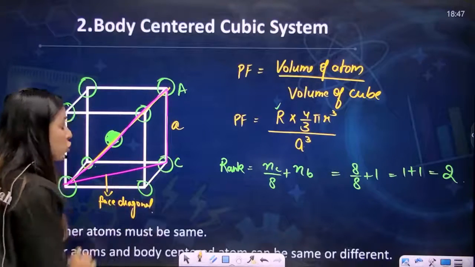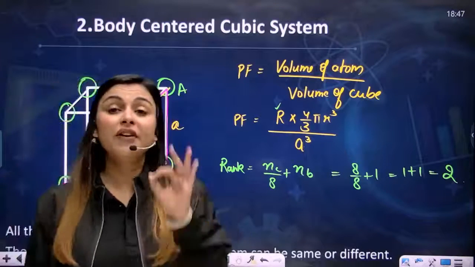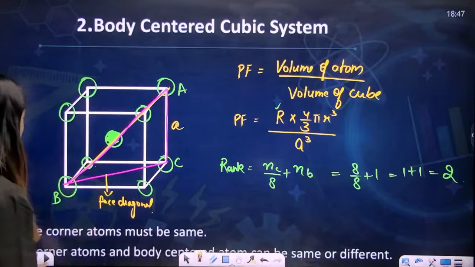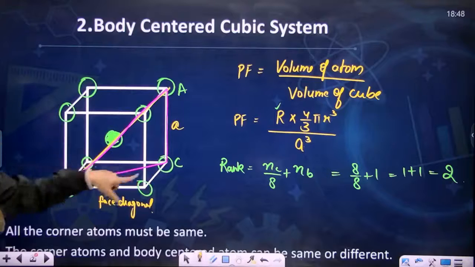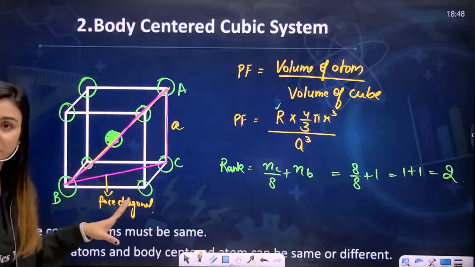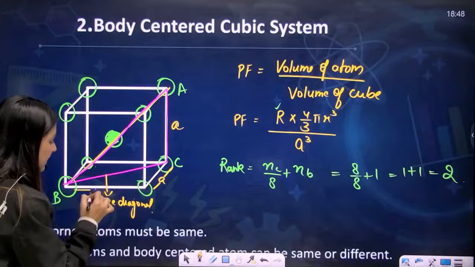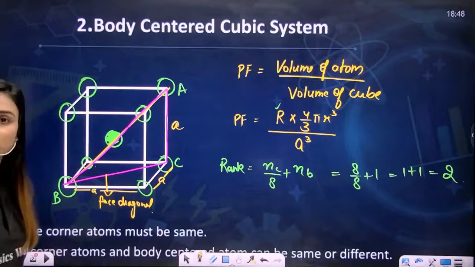Right? So you need to calculate the face diagonal length. And how are you going to calculate the face diagonal length, my dear students? You know that it is at the center of a face, right? Can I say that this edge length is a, and this edge length is also a? We know this, right?